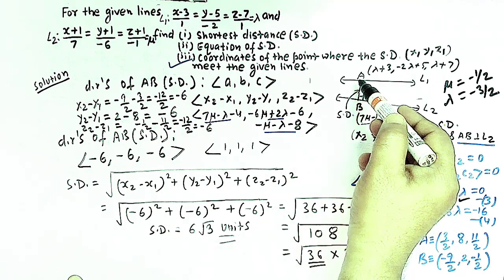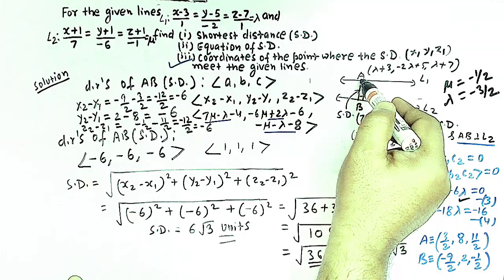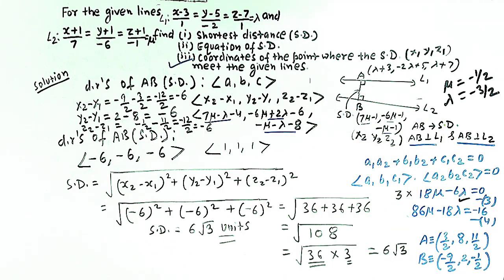Now let us find out the equation of this line of shortest distance, that is AB.